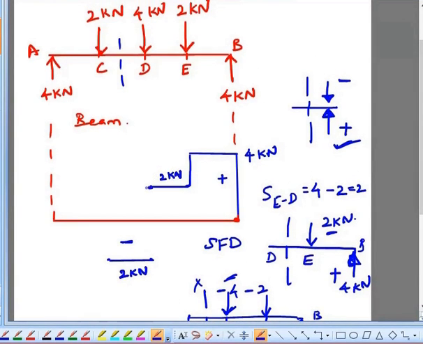See, at point D, you are having a downward force 4 kilonewton. That's why the shear force changes from 2 kilonewton to minus 2 kilonewton at the point D.